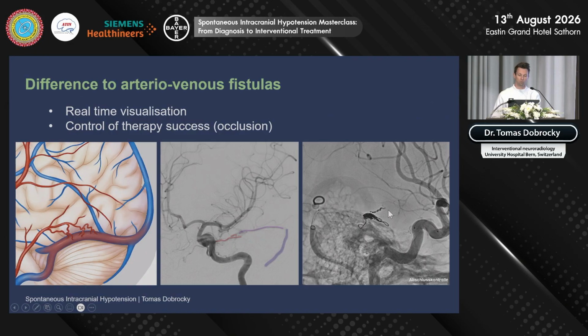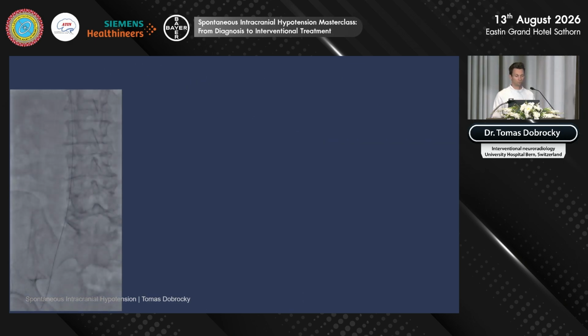When we embolize with some coils and some glue, we are able to see when the fistula has been completely embolized, and we know when to stop. However, if we are embolizing CSF venous fistulas, we never see the fistula during the embolization procedure. This is something to keep in mind for the procedure.